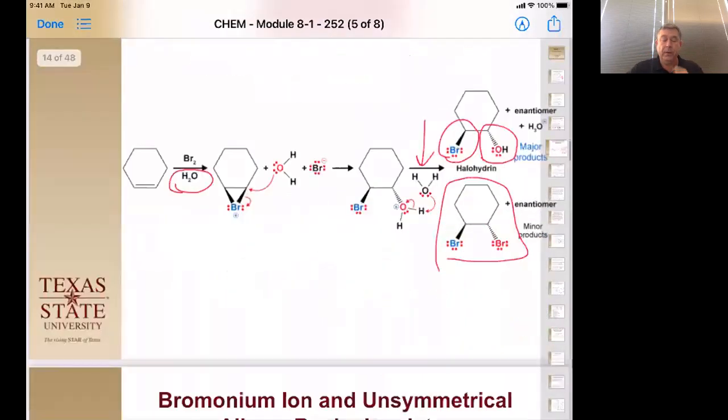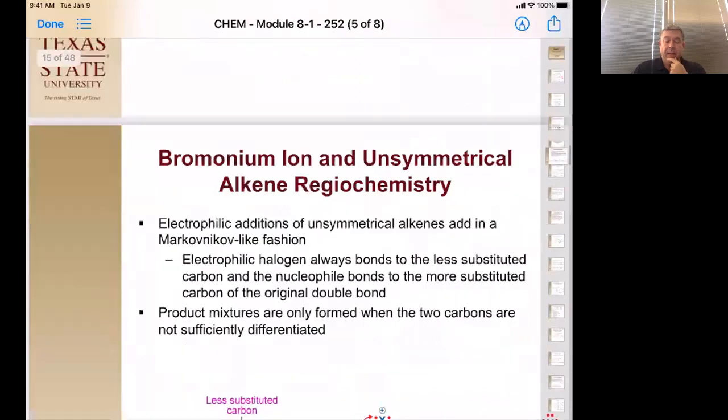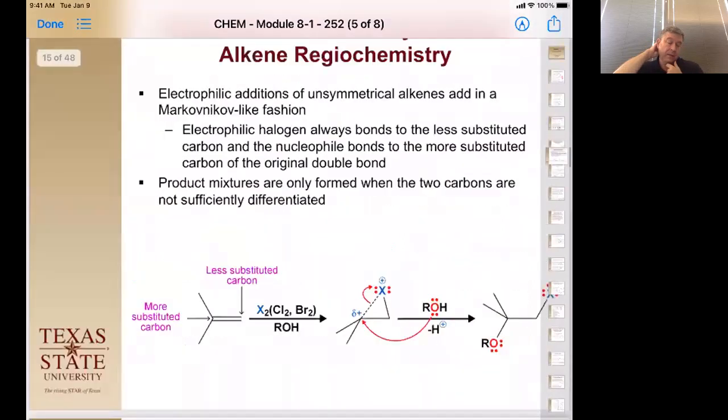Okay, so that gives us some ability to think about regiochemistry now, okay? So if the alkenes react in a Markovnikov's way, do we see that kind of favoritism in our halohydrin reaction?